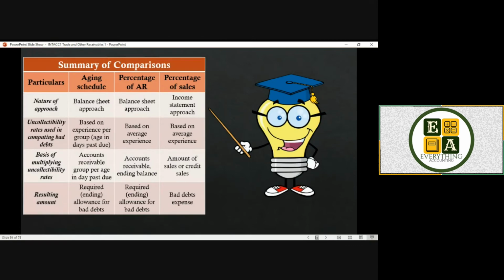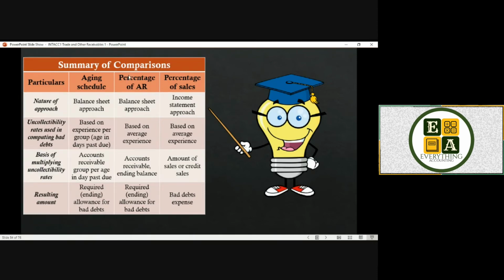So, to summarize, okay, summary comparison of the three approaches. Yung nature ng approach, again, aging schedule and percentage of AR are both balance sheet approach, while the percentage of sales is income statement approach. The uncollectibility rates used in computing bad debts, yung basis ng aging schedule is per age group.